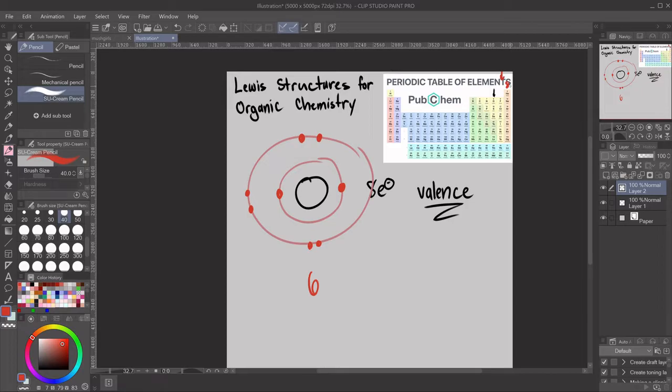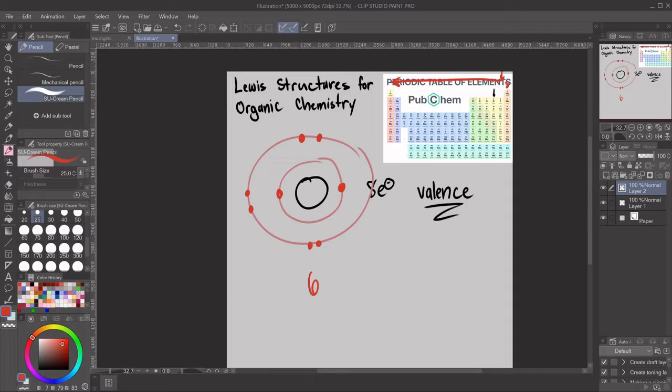Because the outer valence shell can only hold up to 8 electrons, they are not likely to form a new bond to add more electrons to their valence shell. However, as we move to the left, we go down in valence electrons.